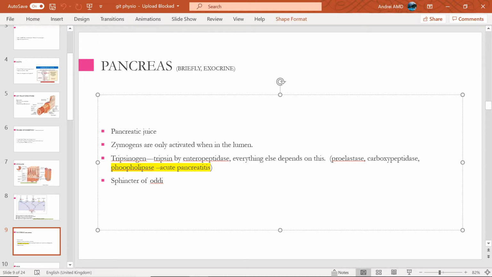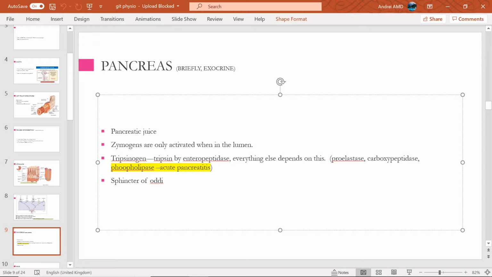So if this lipase gets activated in the pancreas, you get really bad acute pancreatitis, which is life-threatening. So what is important here is that there's a reason why enzymes are released as zymogens, and you should know which is activated by what. But in the end, it starts from trypsinogen becoming trypsin by the enteropeptidase.